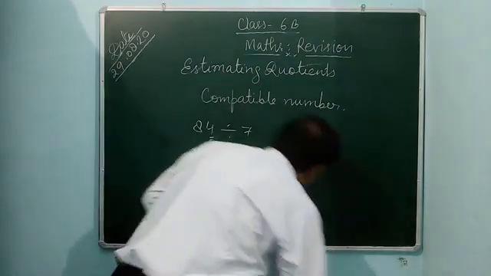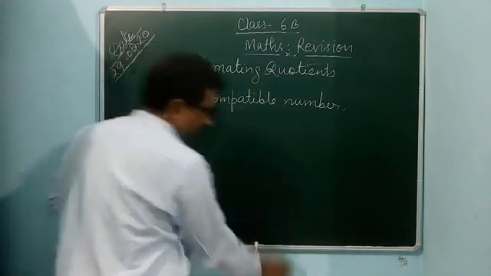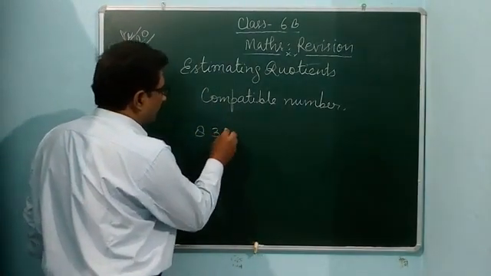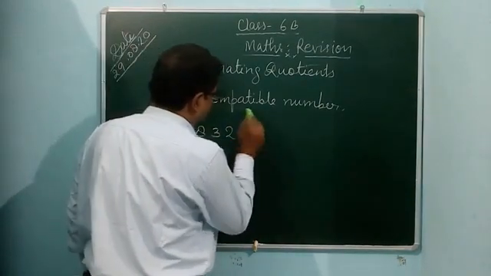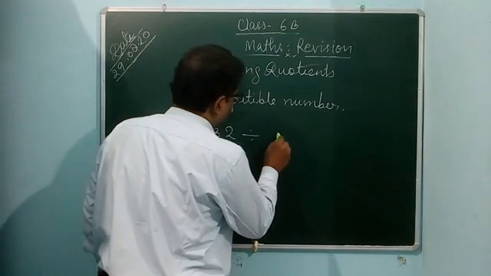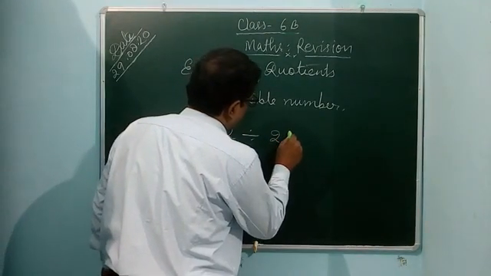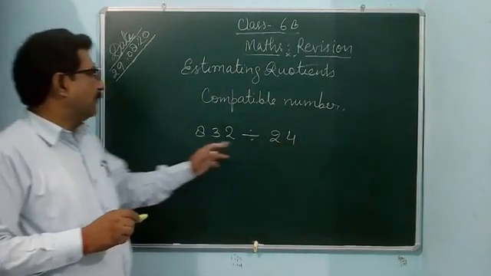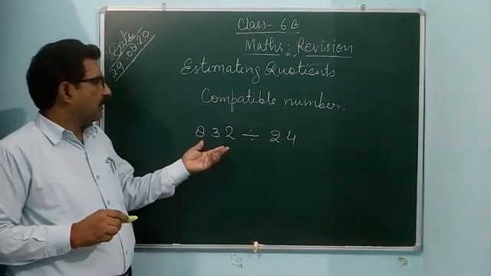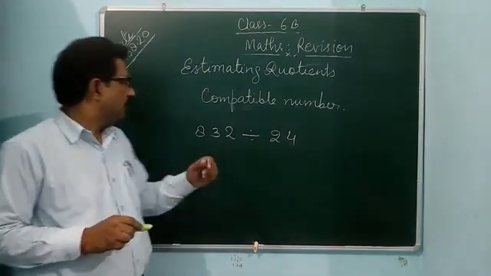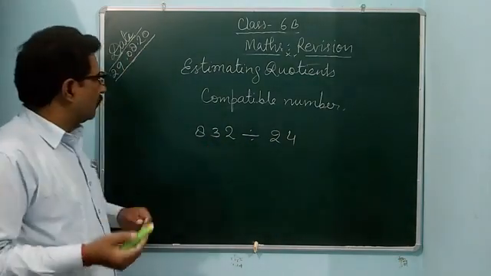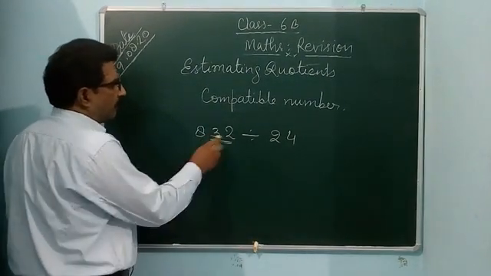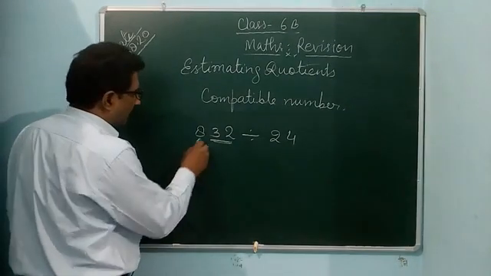Next, you can see 832 divided by 24. Here you can see 832 is not divisible by 24. So you can make compatible numbers by rounding to hundreds.